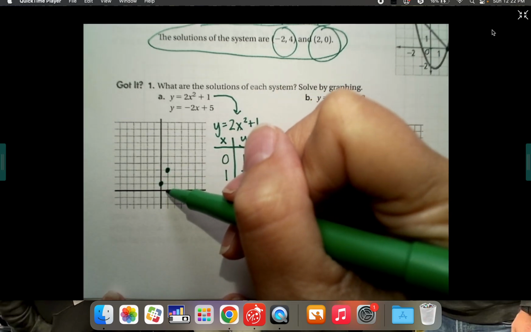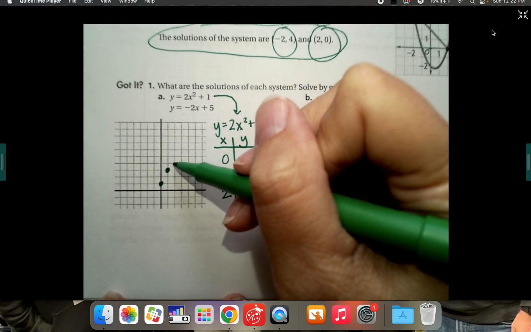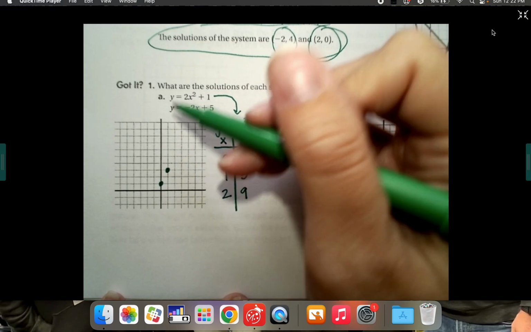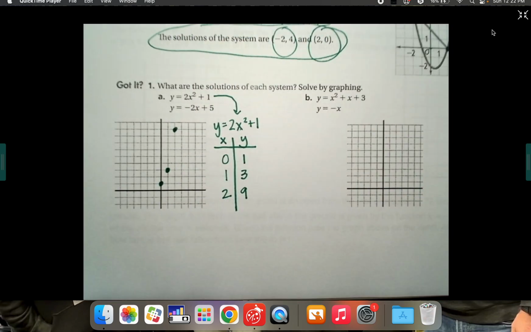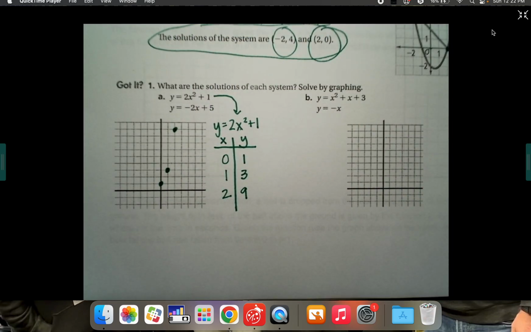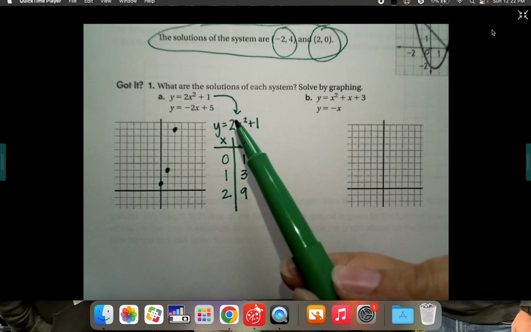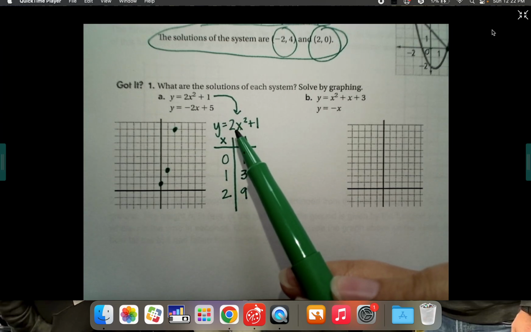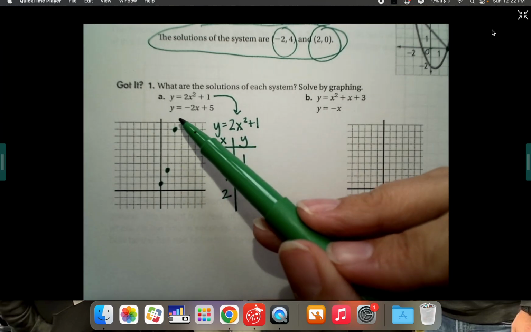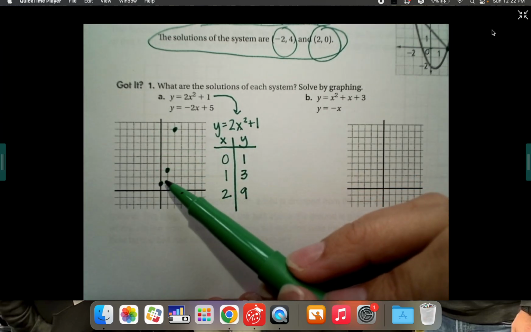So our next dot is at 2, 9. And remember from our parabolas earlier, you know that this is shifted up 1, but it's twice as stretched, so it is going to look like the parent function. It's going to be right here.